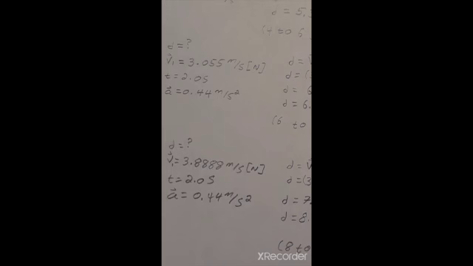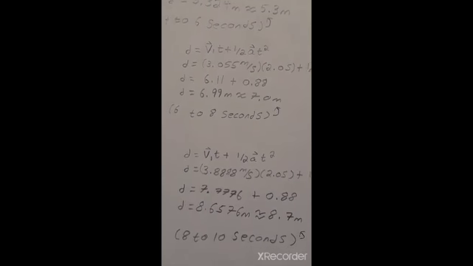This time, for 8 to 10 seconds, the V1 is equal to 3.8888 meters per second north. Our time is still 2, acceleration staying the same throughout, 0.44 meters per second squared. Distance equals V1t plus half of acceleration times time squared.